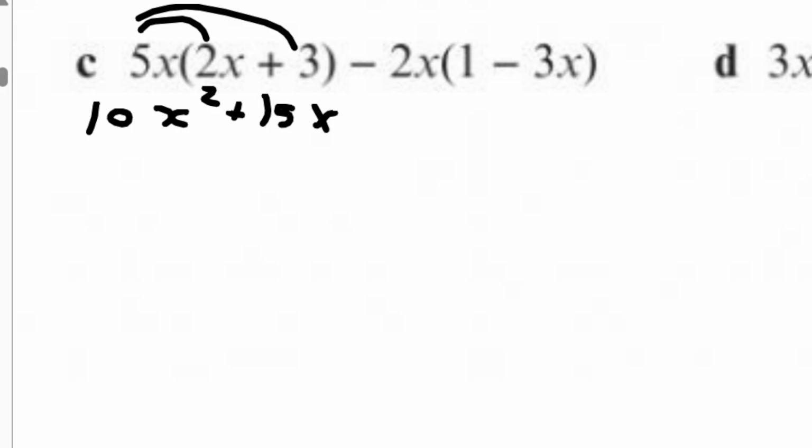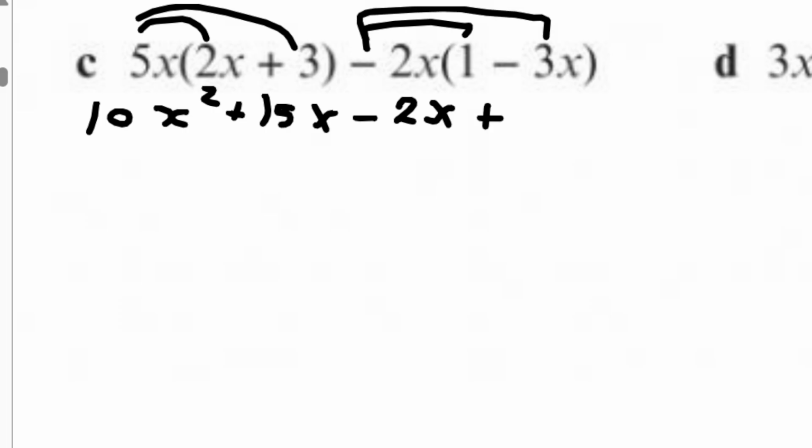This minus here tricks everyone. Don't let it trick you. Now, we will do minus 2x times 1, so it's just minus 2x. Now, minus 2x times minus 3x is plus 6x squared.